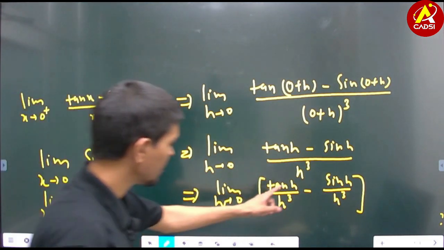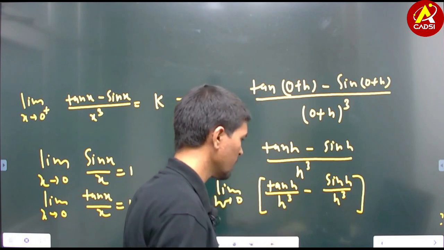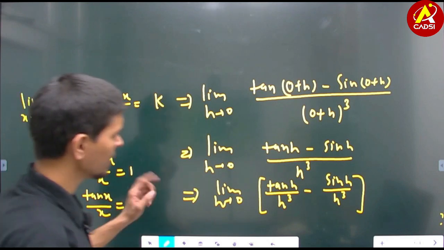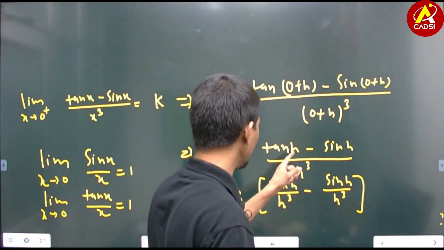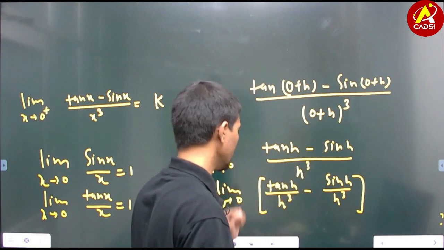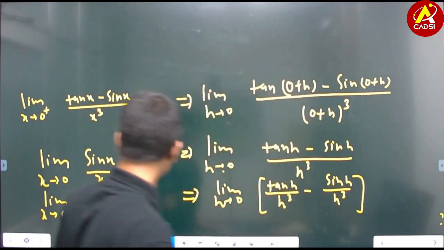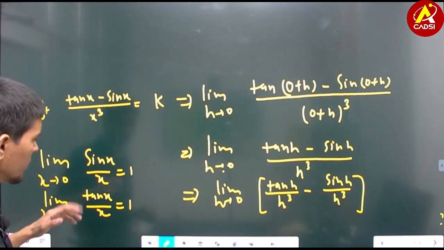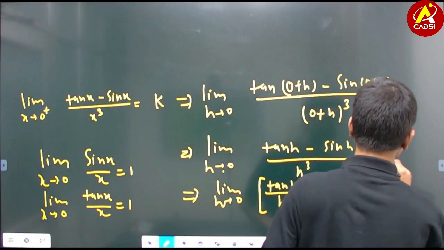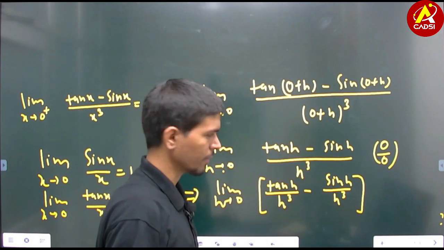If h tends to 0, then tan 0 is 0 and sin h is also 0, so we get a 0 upon 0 form. So then we can use the L'Hospital rule here.